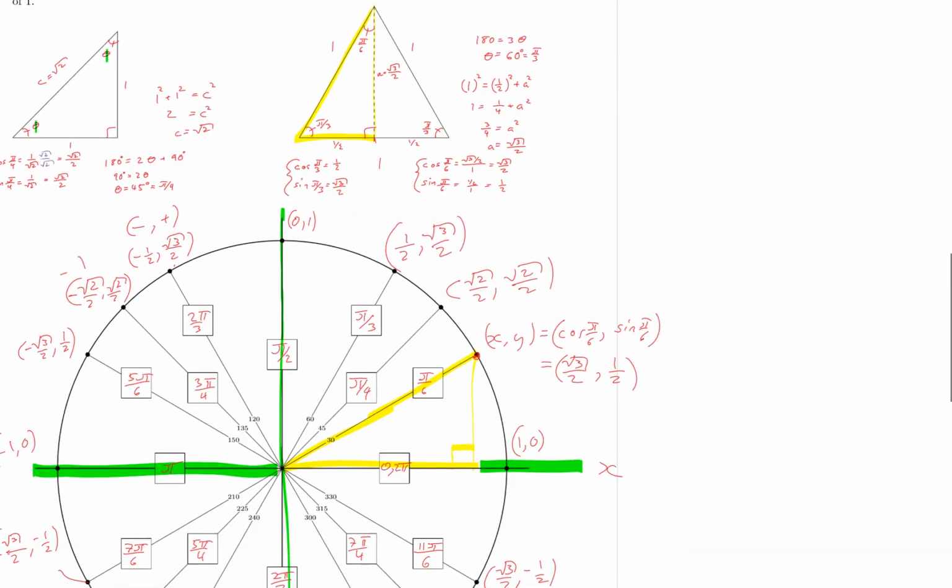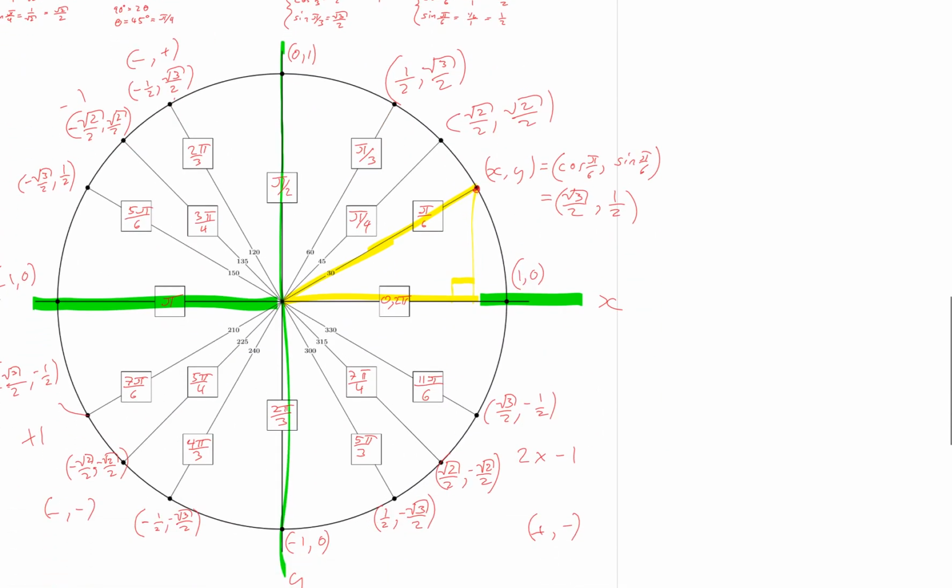Here we used 2 special triangles to find the cosine and sine of some special angles, namely the angles pi over 4, pi over 3, and pi over 6. We use these to fill in our unit circle right here, all the x and y values.